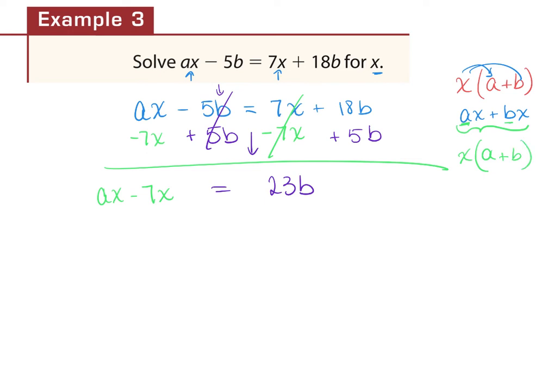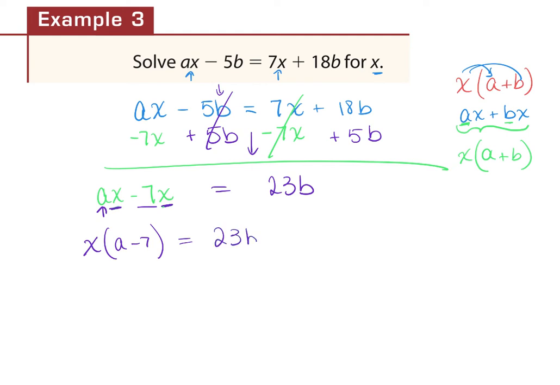You can go both directions with distribution, all right? Either way, you can put it into the parentheses or you can take it out of the parentheses with distribution. So right here, I have an x here and an x here, right? Each of those has an x. Distribution says I can put the x on the outside, and what's left over is going to be this a minus this 7. Those are the same things. If you did distribution, you would get ax minus 7x, right?